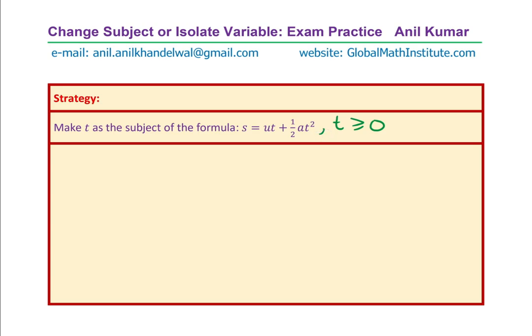Now for solving this problem, we need to apply a method which is called completing squares. Now completing squares will lead to the vertex form. And then you do as you did in question number 1. You get the idea.